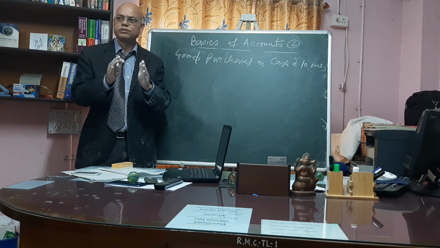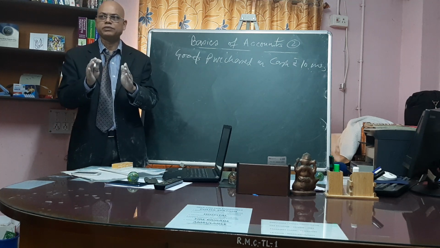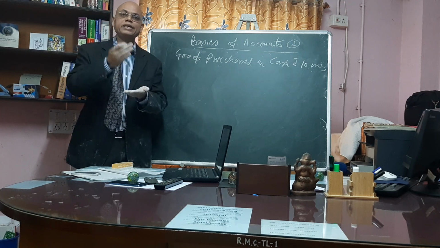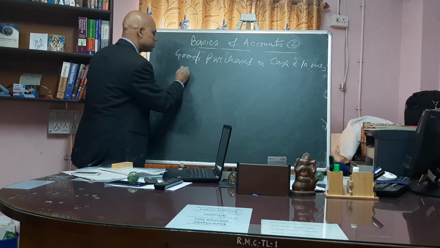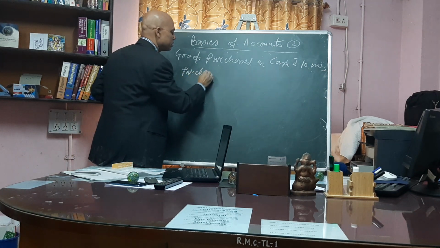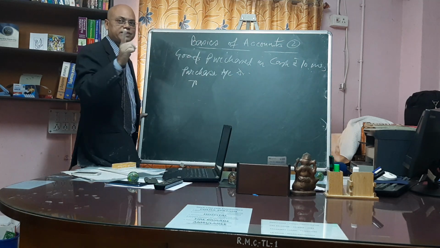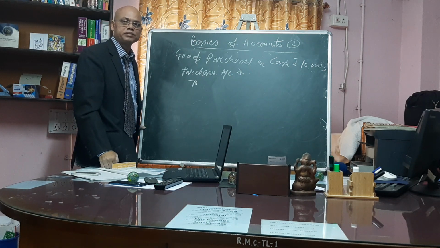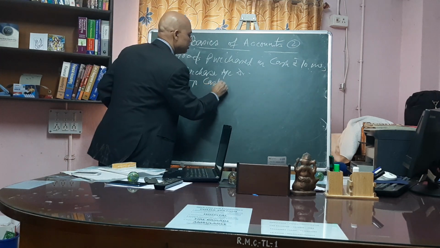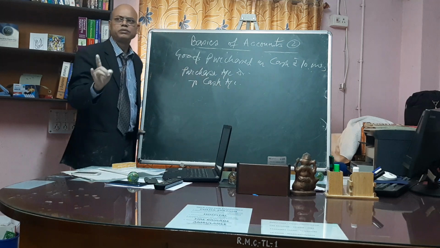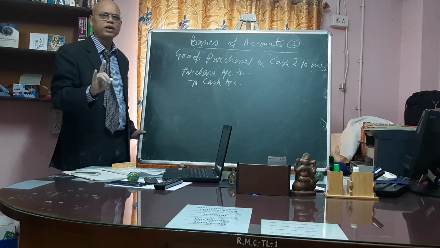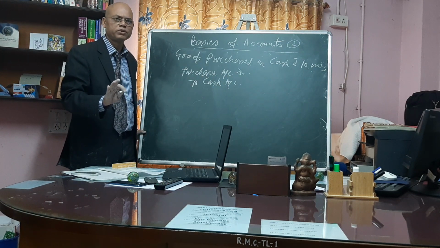Purchase is an expense, its nature of balance is debit. Debit balance is increasing, that's why purchase account debit. Cash, nature of balance is debit, is decreasing, that's why cash account credit. Very simple. Personal account, real account, nominal account, that concept is not necessary here.